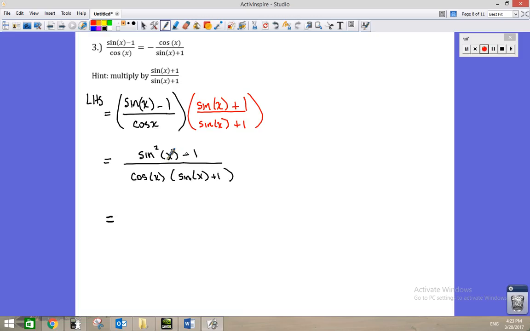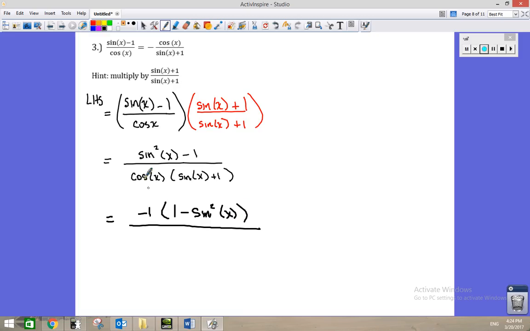If I want to replace this with cosine squared, I'm going to have to factor out a negative 1. If I factor out a negative 1, then that changes to 1 minus sine squared of x.